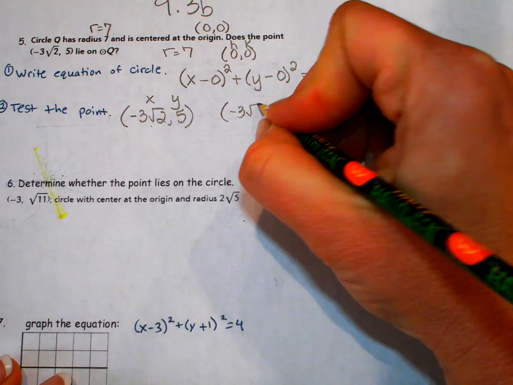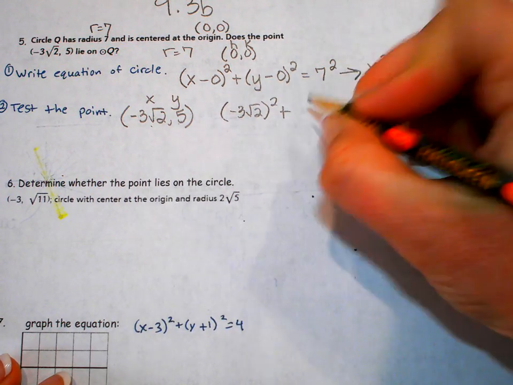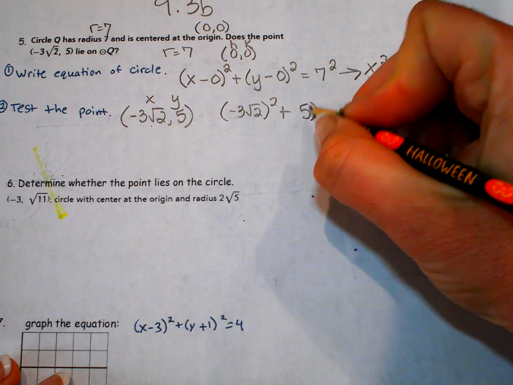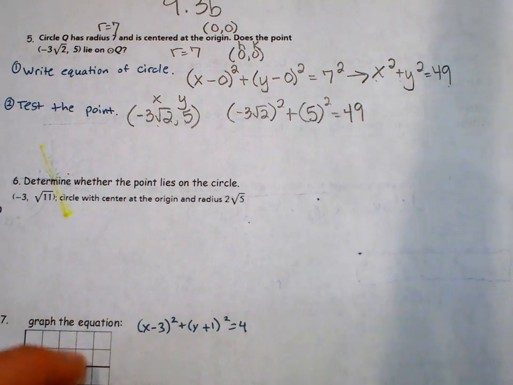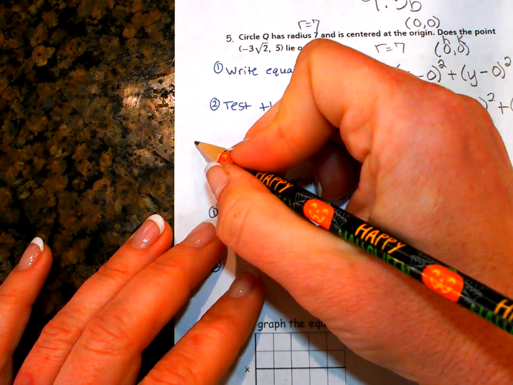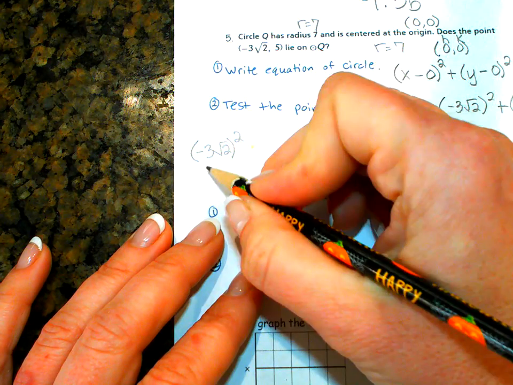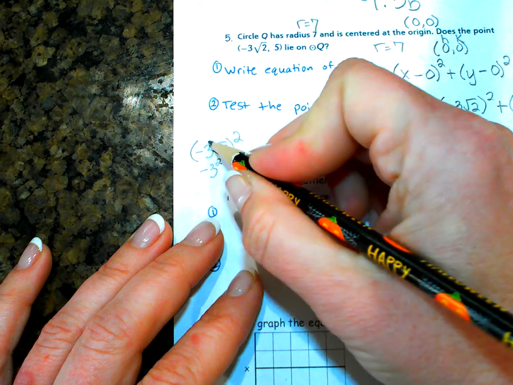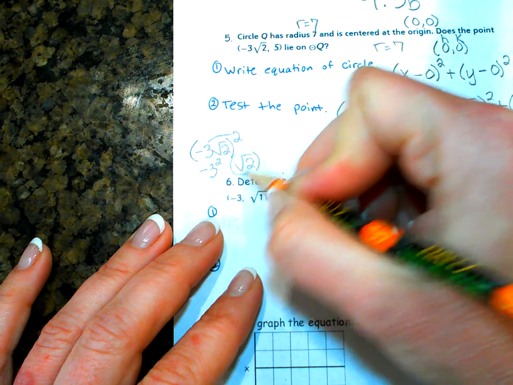(−3√2)² + 5² = 49. Real quick, over on the side, if I'm given −3√2 and I have to square it, that means the −3 gets squared and the √2 gets squared.